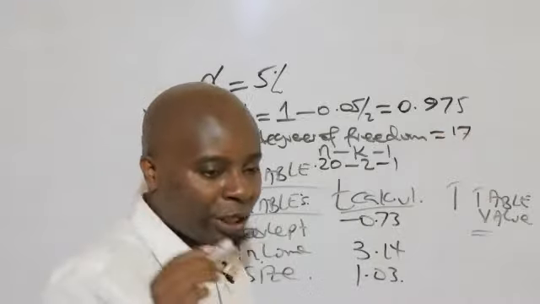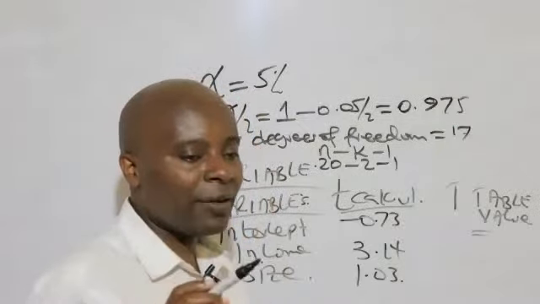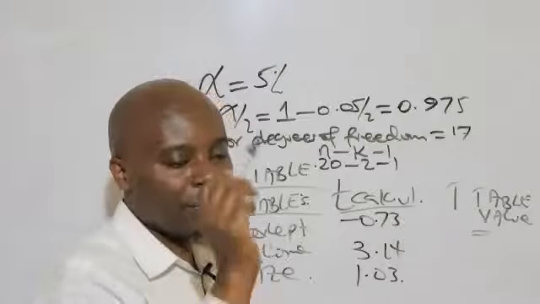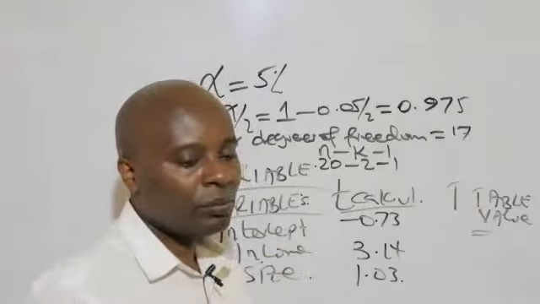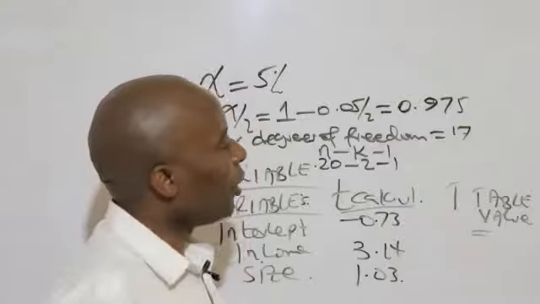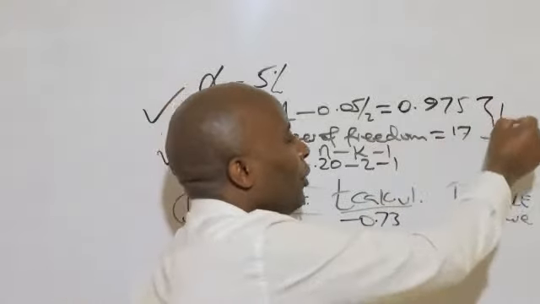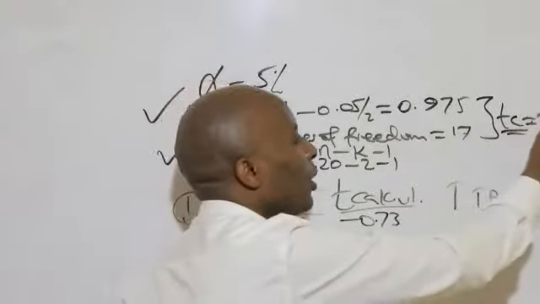So now you go to the table, 0.975, all the way. If you do it that way, you'll be able to give us what we call T critical, which is 2.11.